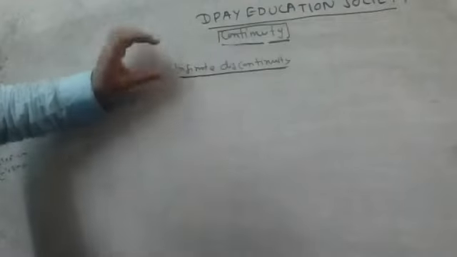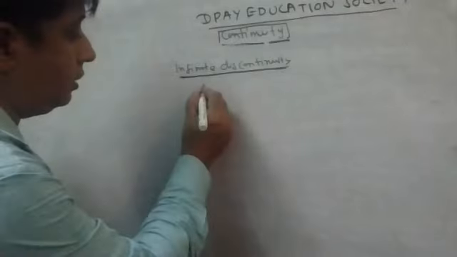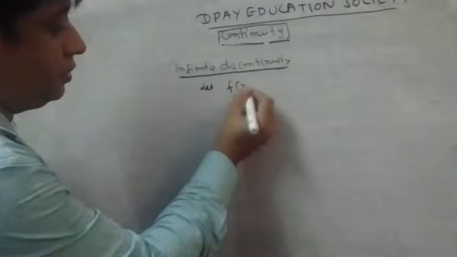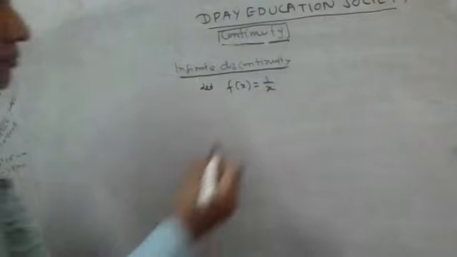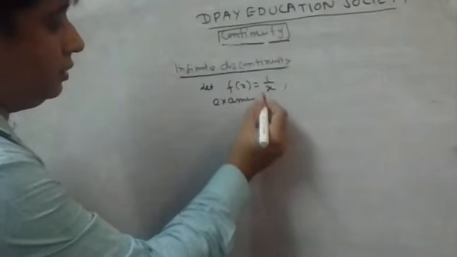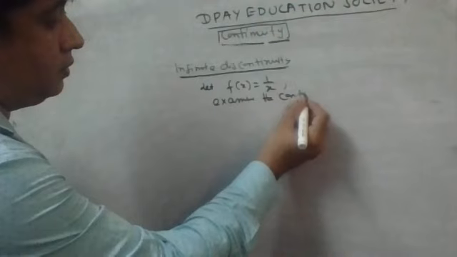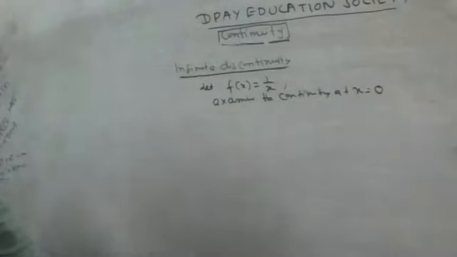Infinite discontinuity. That is another branch, another part of non-removable discontinuity. Say, let f(x) is equal to 1 by x. You know the hyperbolic function. Examine the continuity at x is equal to 0.